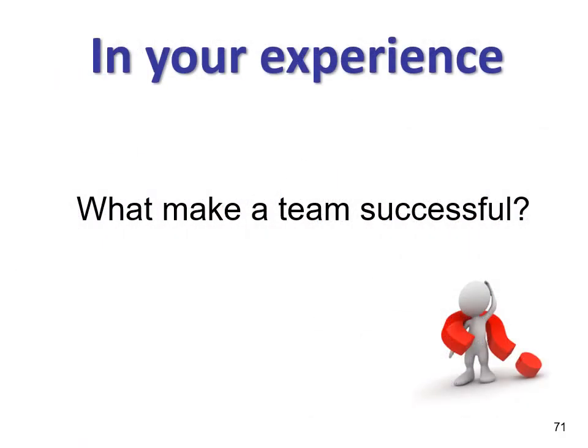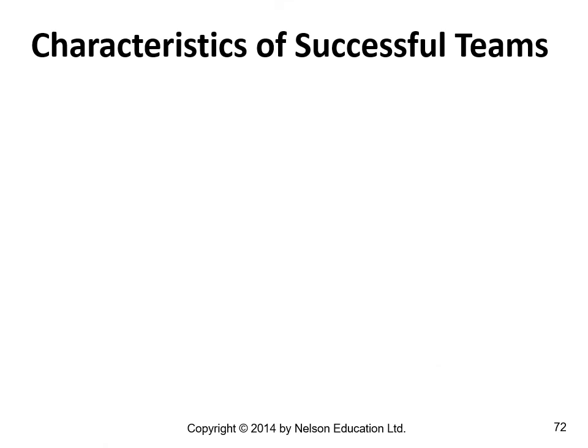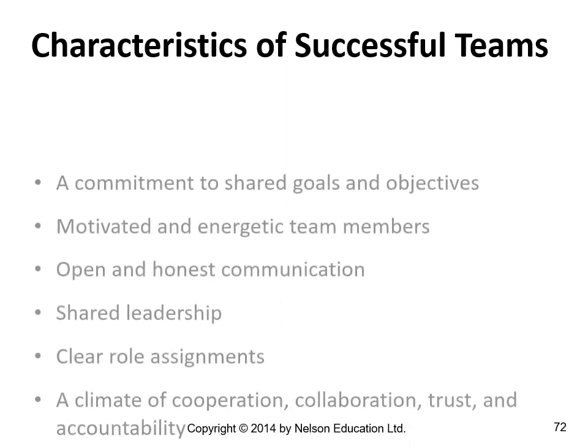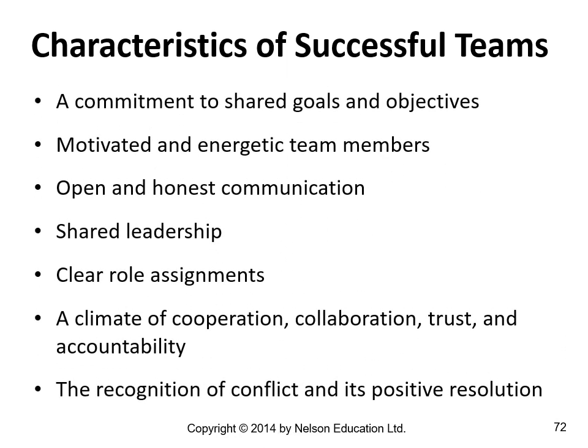So in your experience, what makes a team successful? There are a number of specific characteristics of successful teams that we know through study of them in the workplace. A commitment to shared goals and objectives is key. We also need to have motivated and energetic team members who have open and honest communication with each other.